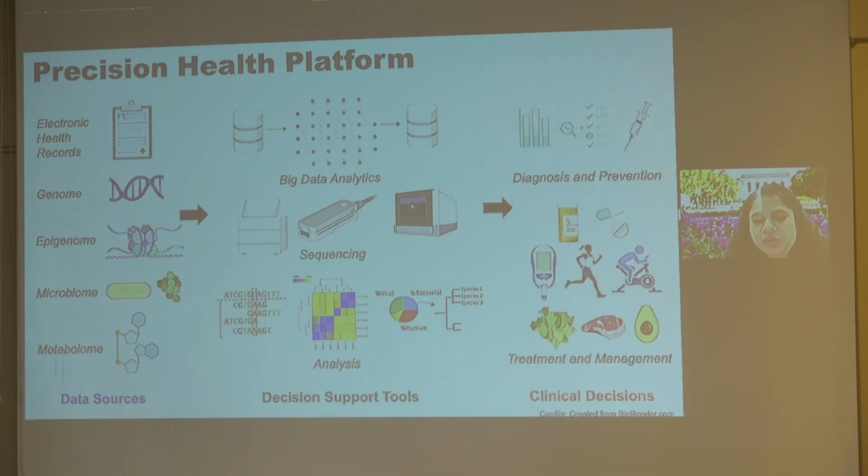Once you do the analysis, you can do diagnosis, prevention, treatment and management. One thing I would like to emphasize is that it's not only in a clinical setting like a doctor's office where these platforms are useful, but they can be offline too, at the customer, for a specific user, to make personalized decisions outside the hospital. So that's a precision health platform.